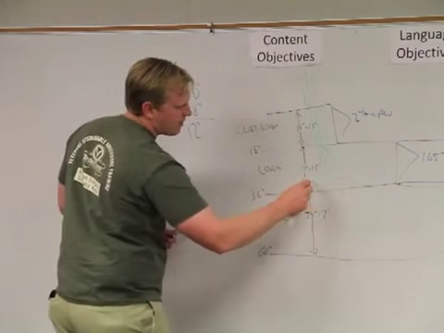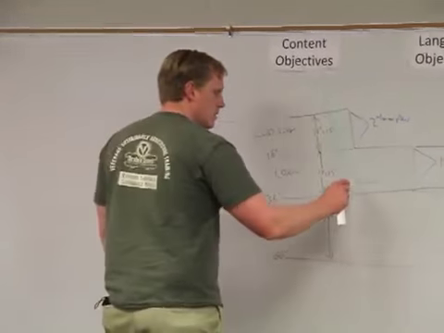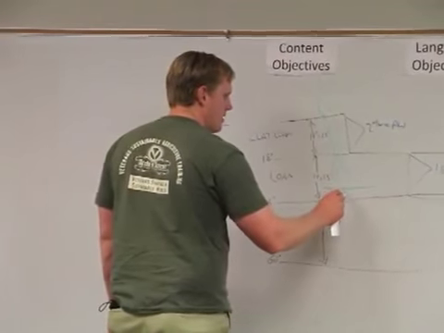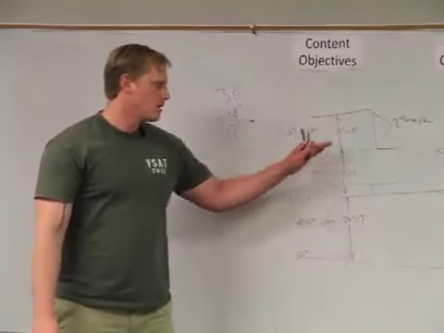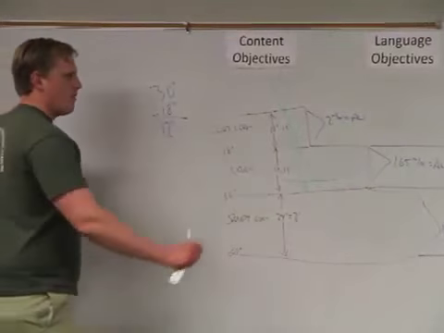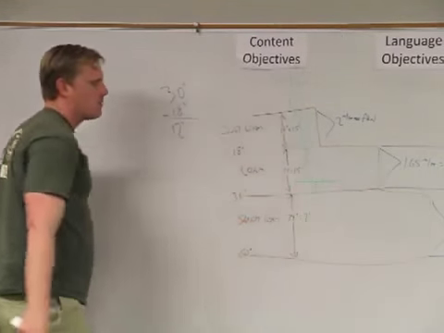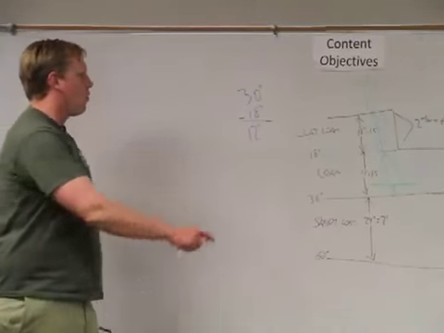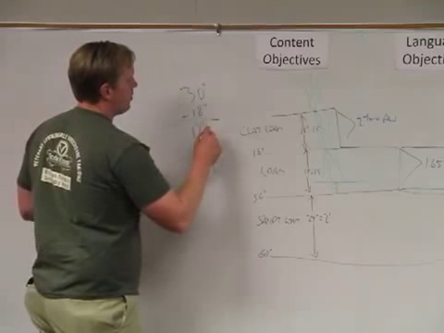So right about here, the root zone ends. Means there's about 6 inches left here before we hit the sandy loam soil, so we don't have to account for the sandy loam soil because our root zone doesn't come in contact with it. And we only have to account for 1 foot of the loam soil because that's all our root zone comes in contact with, or 12 inches, which we know is equal to 1 foot.